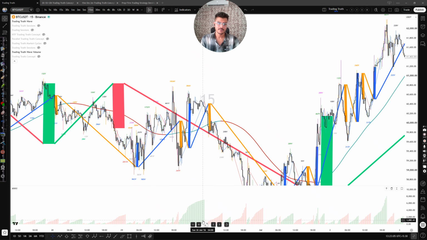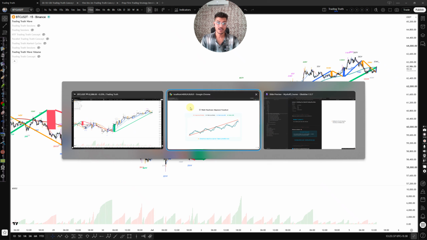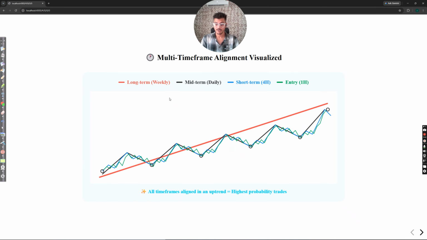That's your more effort, less result, and we already know that 4 hour is coming down. So we will be much more confident in taking that trade. And as I add Trading Truth concept, it will make even more sense: okay, this price structure is this uptrend, and on this pullback I can take those trades. Okay, so this is that multi-time frame alignment visualization.